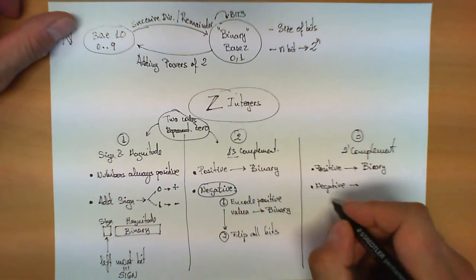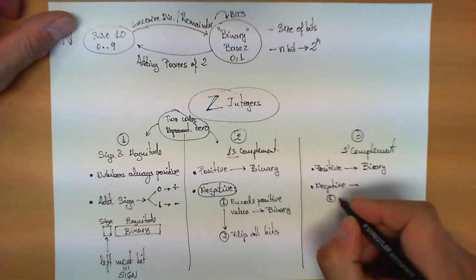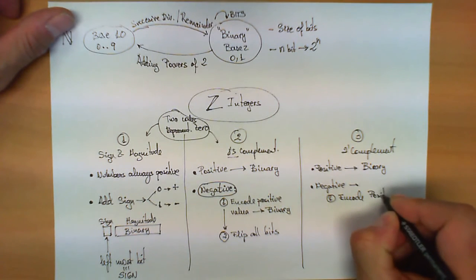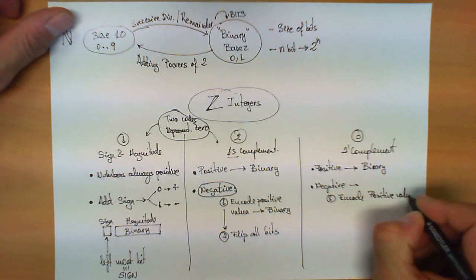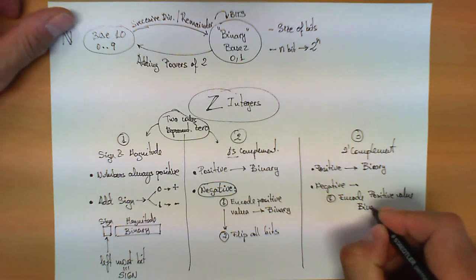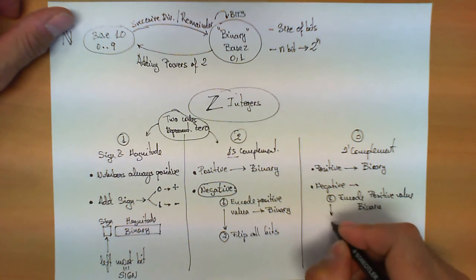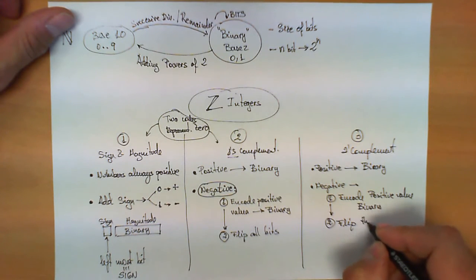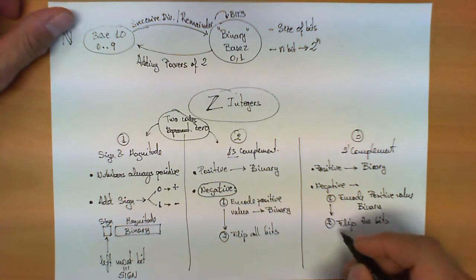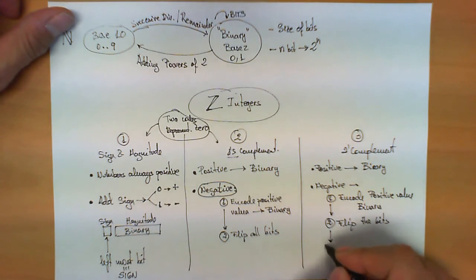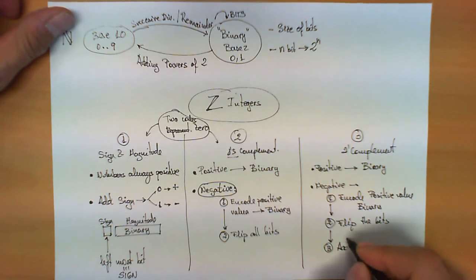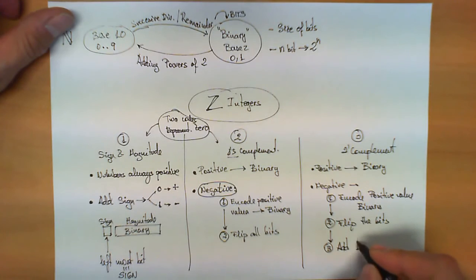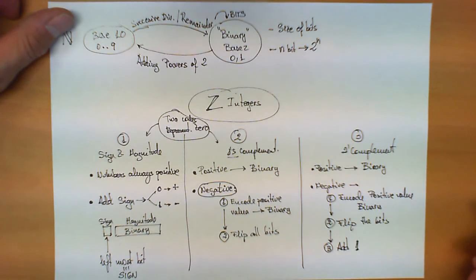we follow 3 steps. Step number 1, as before, we encode the positive value using binary. Step number 2, as in the case of 1's complement, we flip the bits. And very important, this is the difference, step number 3: in order to obtain the representation of a negative number in 2's complement, we add 1 to the final representation.